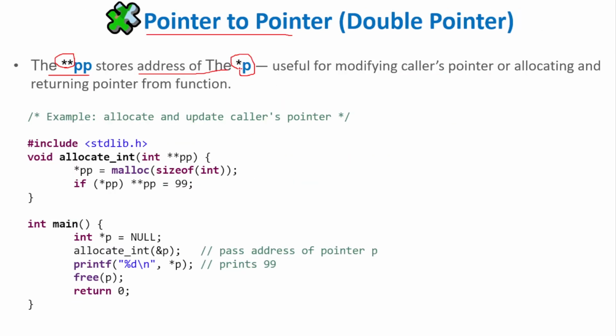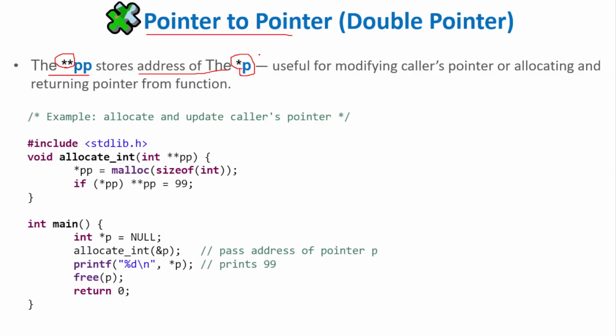Pointer to pointer, or double pointer. We will go into more advanced details in the next videos. A pointer to a pointer, written as int **p, is a variable that stores the address of another pointer.